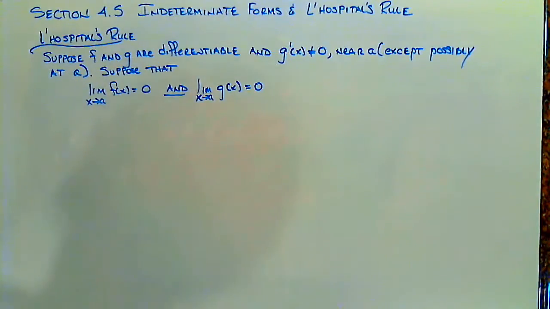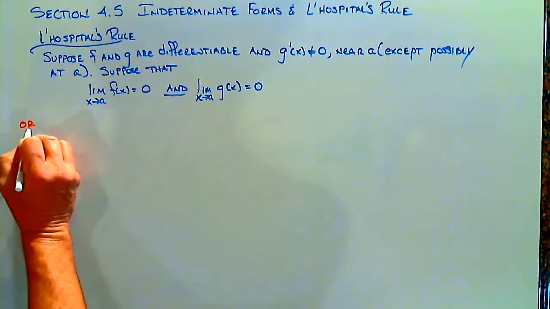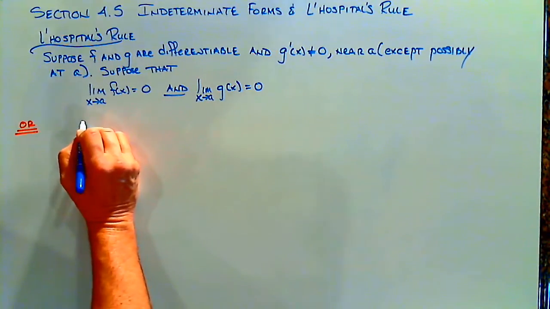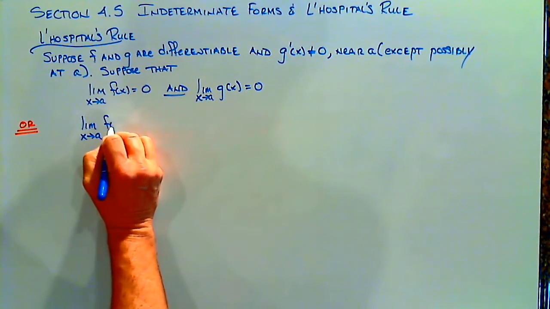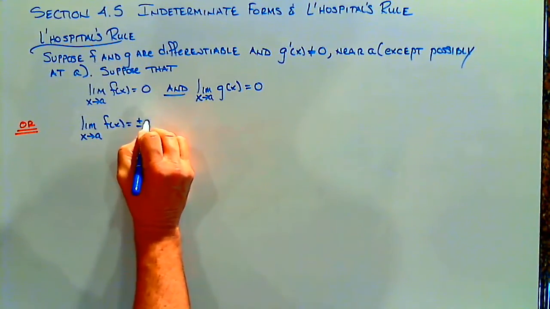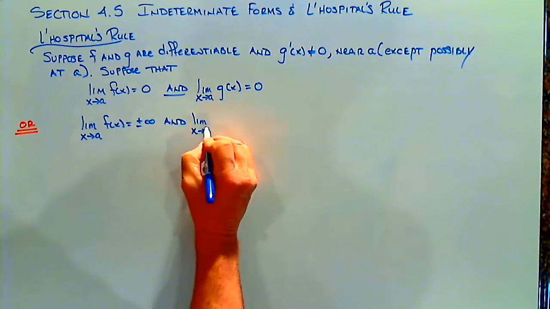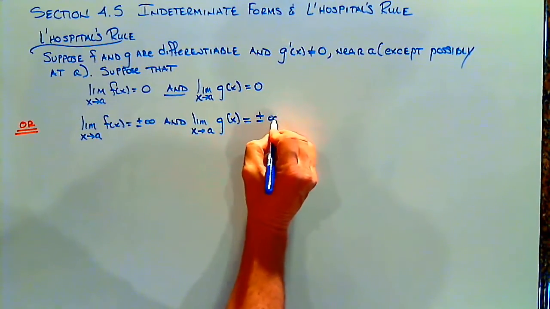So if that happens, if I get the limit of f of x equaling 0 and I get the limit of g of x equaling 0 as x approaches a, or, and I'm going to double underline that because I want to make sure we understand these are two separate situations, or the limit as x approaches a of f of x turns out to be either plus or minus infinity, and the limit as x approaches a of g of x turns out to be either plus or minus infinity.